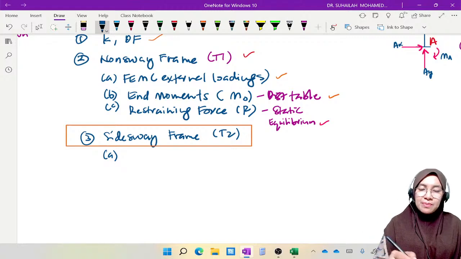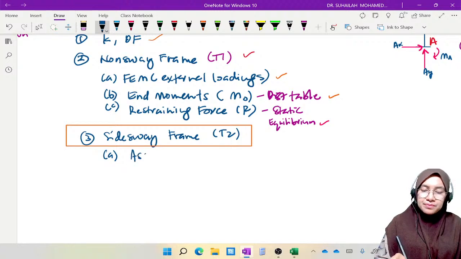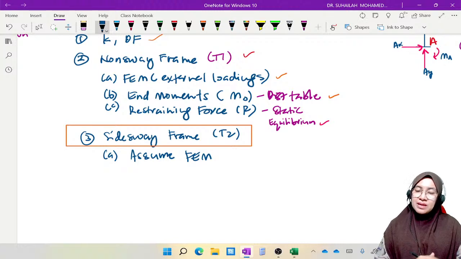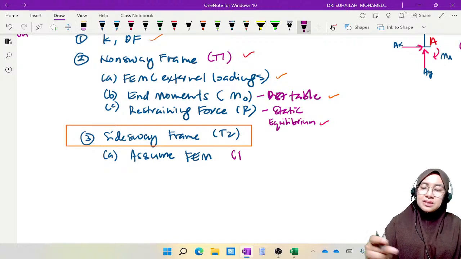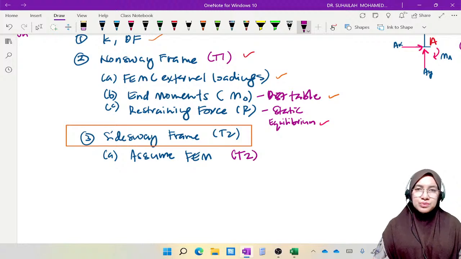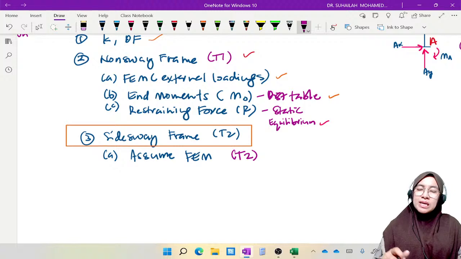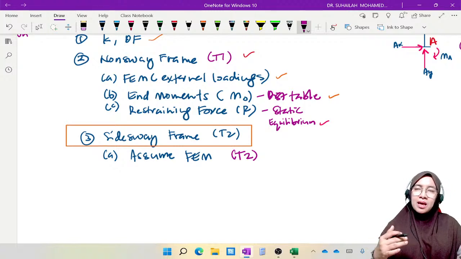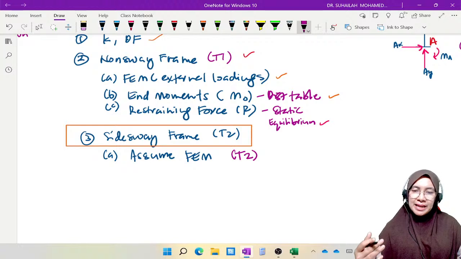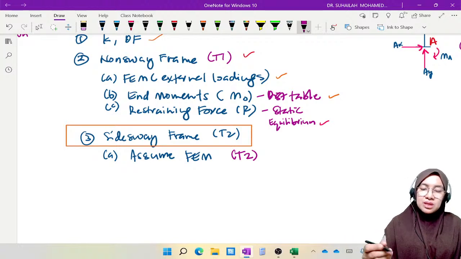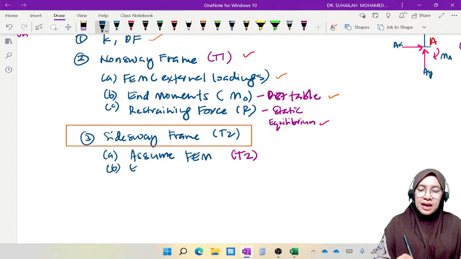So in the side sway frame, we have to assume FEM. This one is table number 2. And this is the most difficult part in the moment distribution method analysis, because once the FEM has been assumed correctly, we just need to continue with step B, the end moment.